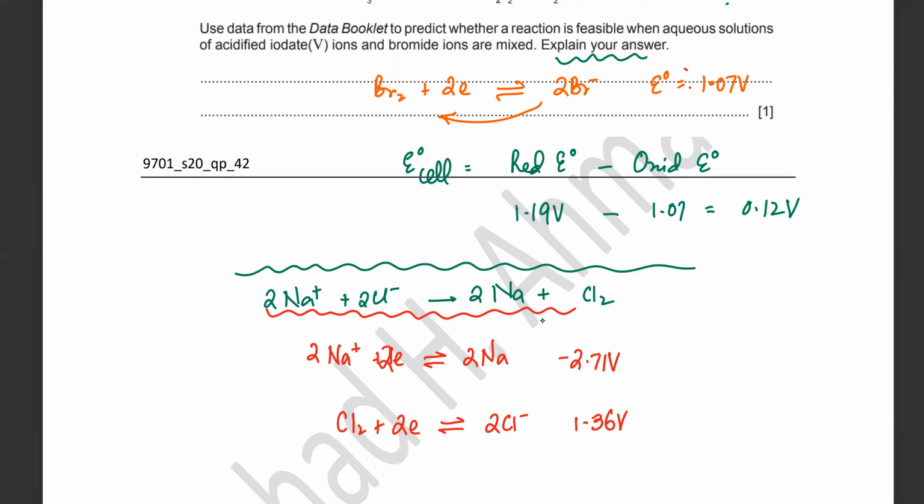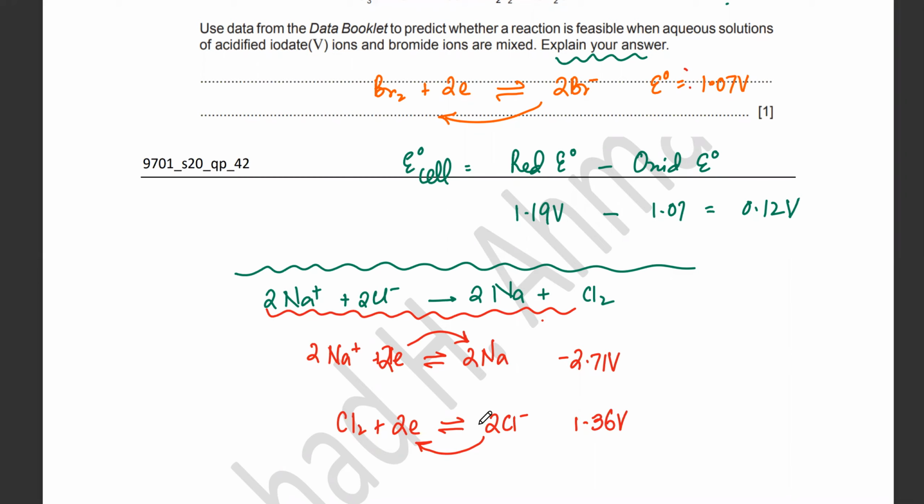I want this reaction to go in the backward direction. At the same time, I want Cl-1 to turn into Cl2. I want this reaction to go in the backward direction, right? I want to check the feasibility of this particular reaction. So I want Na+1 to change into Na. I want Cl-1 to change into Cl2.